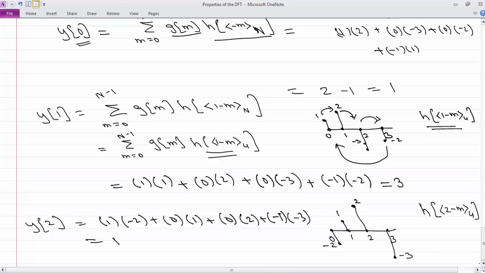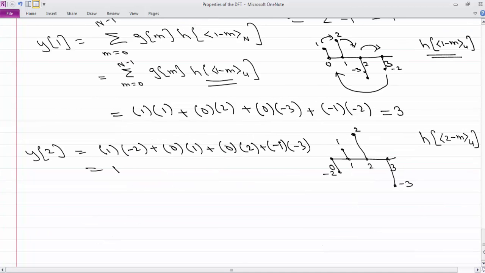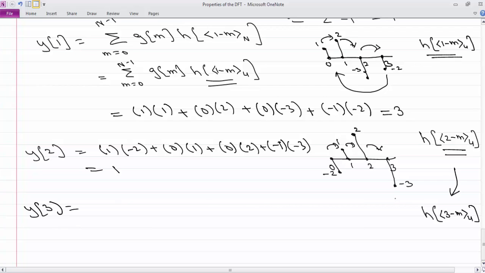And of course, I have to go up to y(n minus 1). In this example, n minus 1 is 3. So the final version is y3. Again, for that, I just go from this to h of (3 minus m) mod 4, which again is just shift everything to the right, and at this, you bring it back to 0.